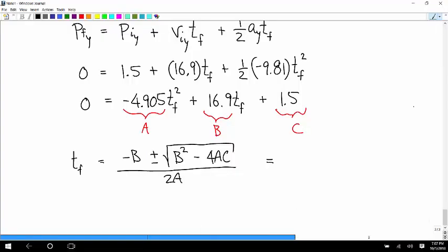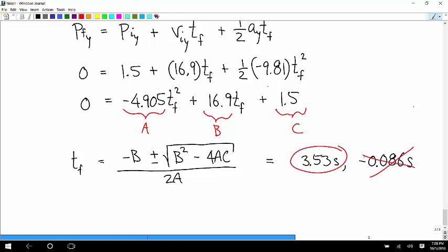So if you plug those numbers into the quadratic formula, you get two answers: 3.53 seconds or negative 0.086 seconds. Which one of those two do we want? Yeah, we only use positive time, so we want that one. We don't want that one.